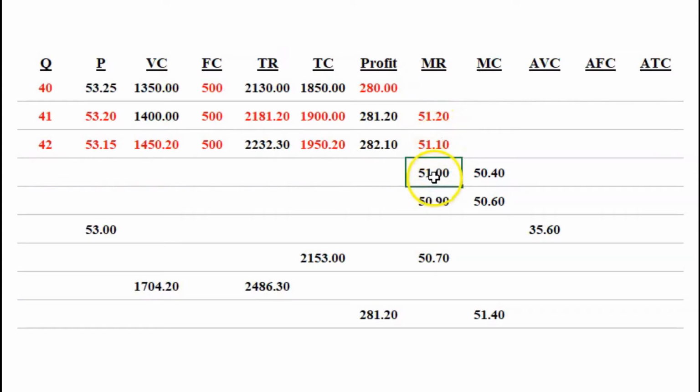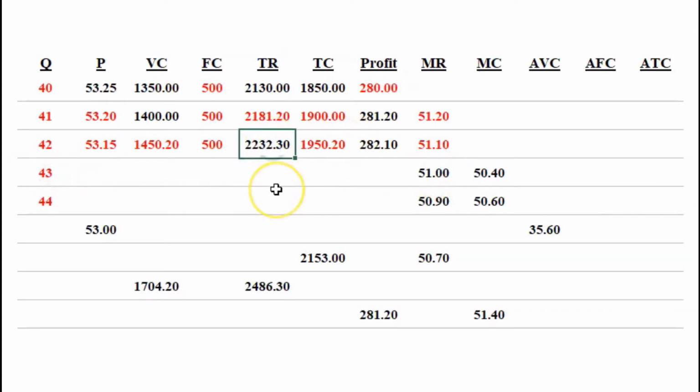All right, now if we move on to the fourth row here, we're given the marginal revenue. We're going to put in 43 and 44. The marginal revenue of the 43rd unit is 51, and what that means is that total revenue is going to increase by $51 when it goes from 42 up to 43. So all we have to do is take the total revenue from 42, add the marginal revenue from 43, and that will give us the total revenue for 43.